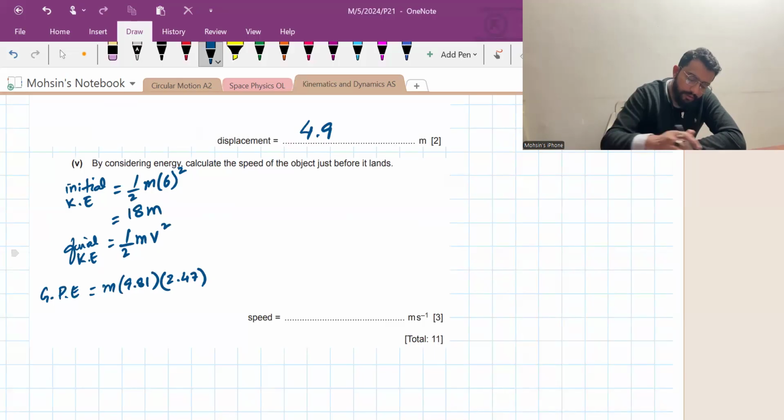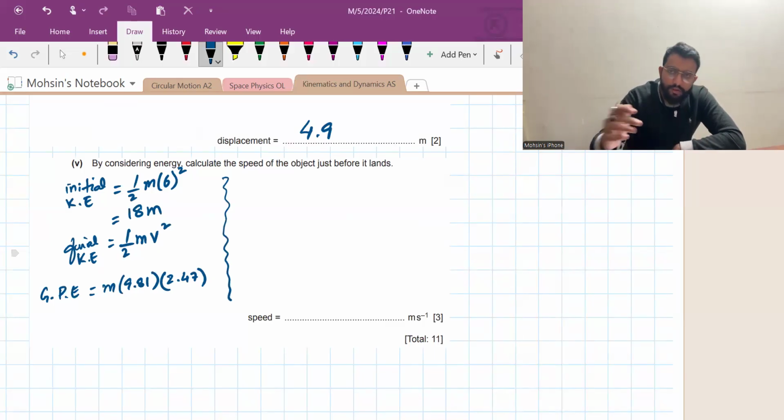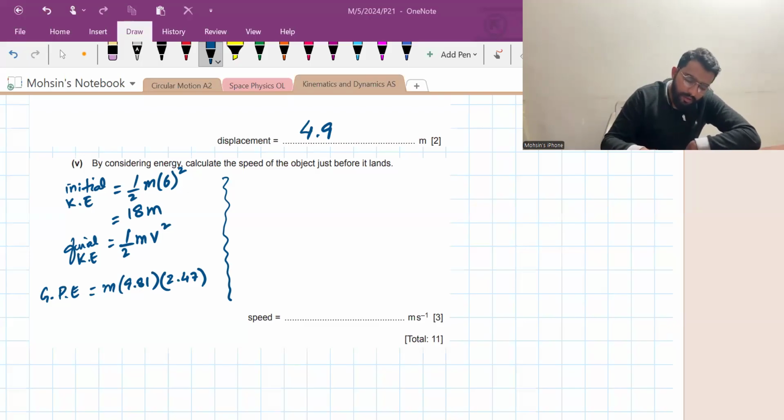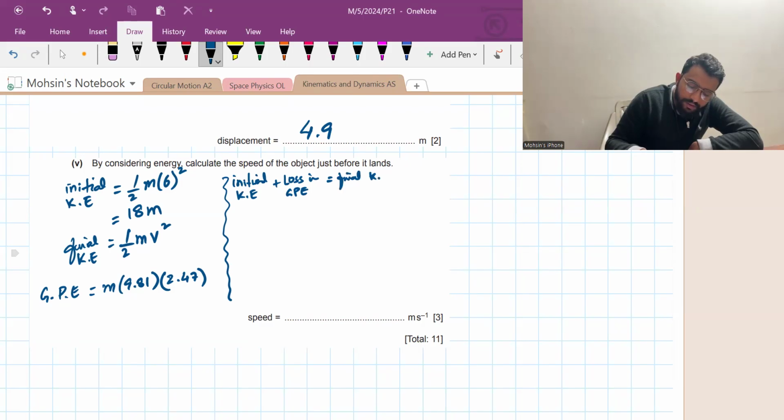If I form the equation, at the initial point it has kinetic energy and potential energy. At the final point, that potential energy will be converted into kinetic energy as well. So the equation will be initial kinetic energy plus loss in gravitational potential energy will give me final kinetic energy.